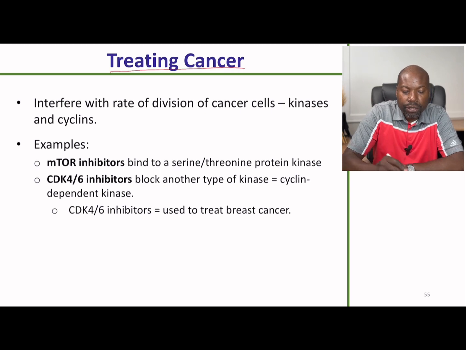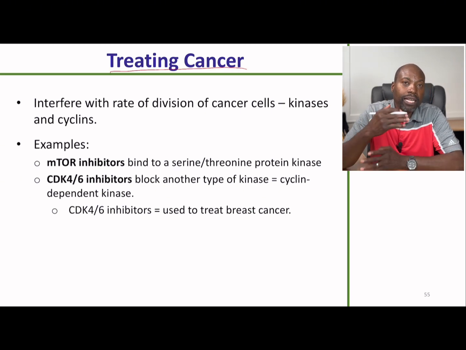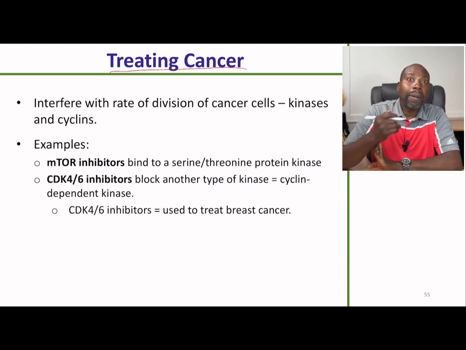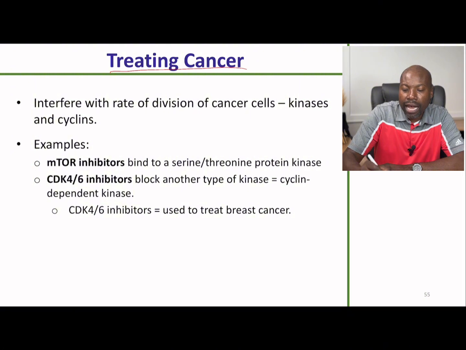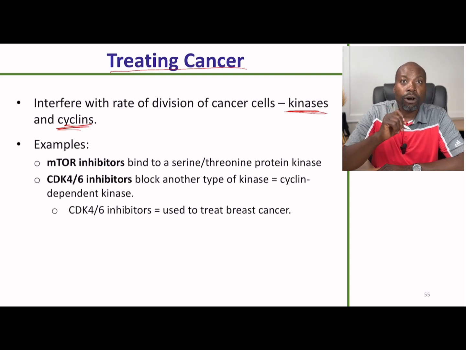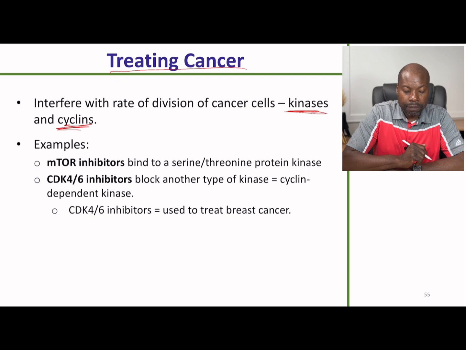So in treating cancers, we can interfere with the rate of cell division, right? By targeting, for instance, kinases, right? And cyclins, which are both involved in accelerating cell division.